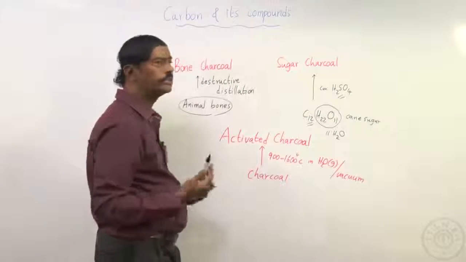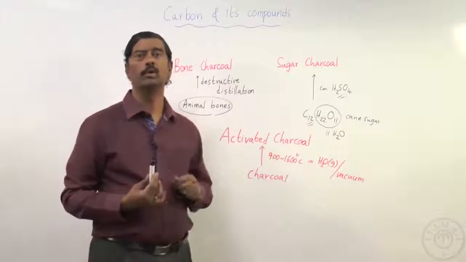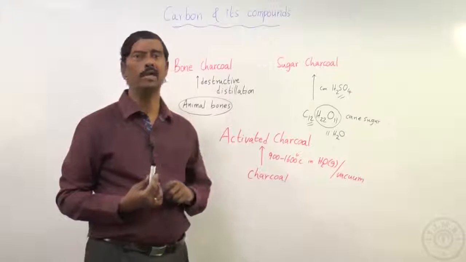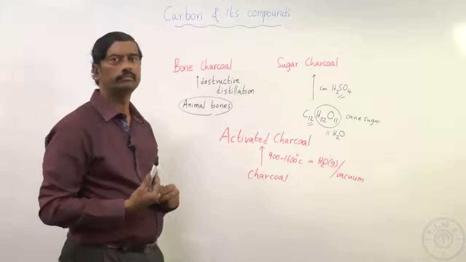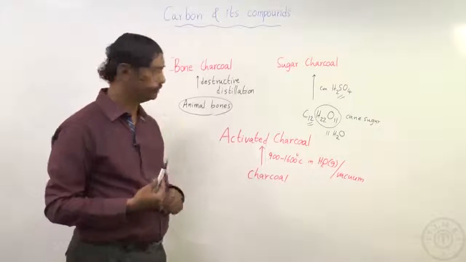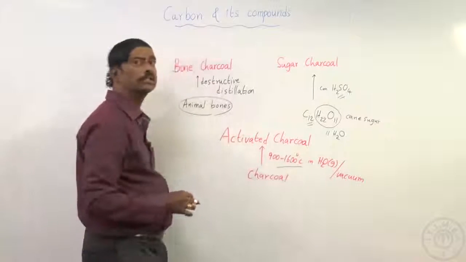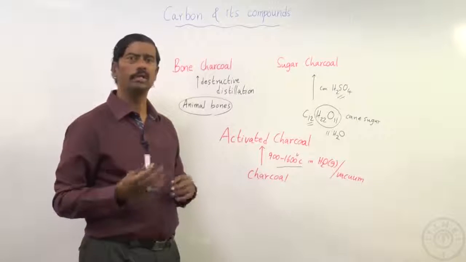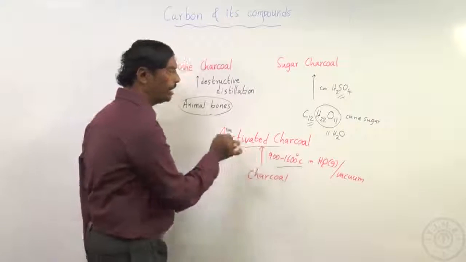Next, how to enhance the activity of charcoal. Charcoal, we said, has a good amount of porosity. A lot of pores are there and therefore it can function as a good adsorbing agent. Now, how to improve the adsorption ability of charcoal? This charcoal is subjected to a temperature of 900 to 1600 degrees Celsius in an atmosphere of either water vapor or simply vacuum, and then you get activated charcoal.